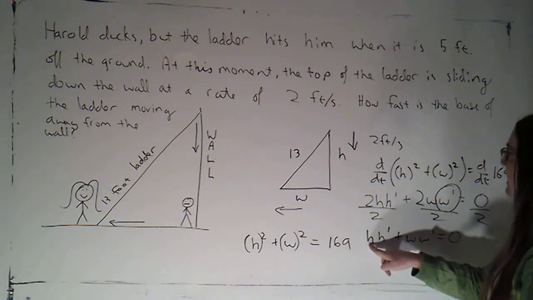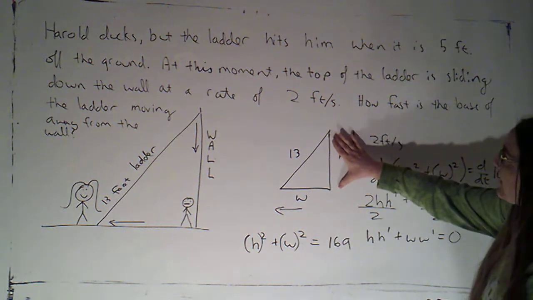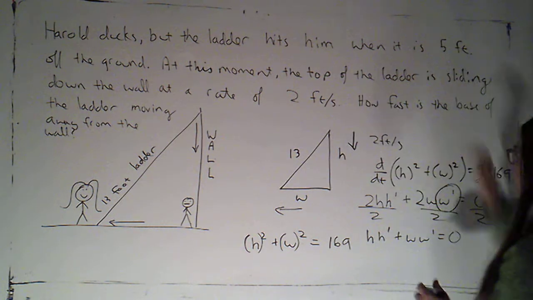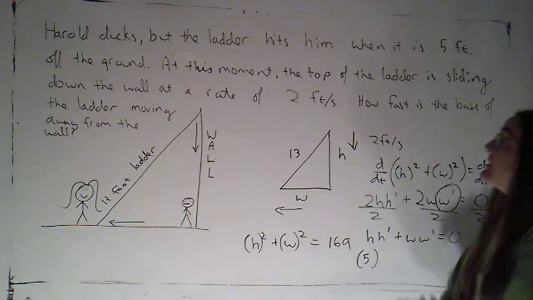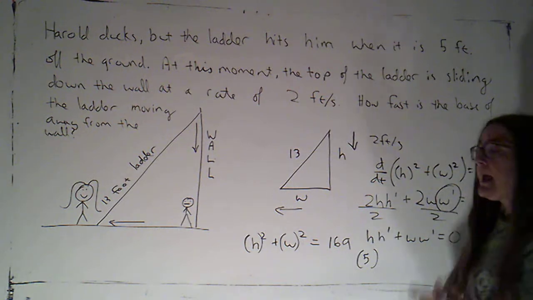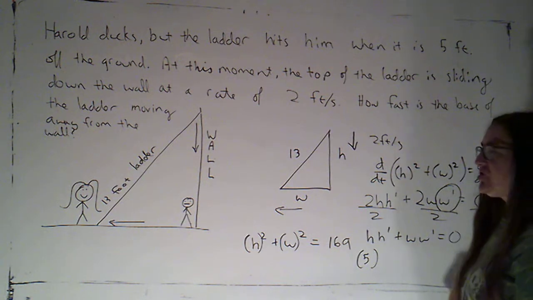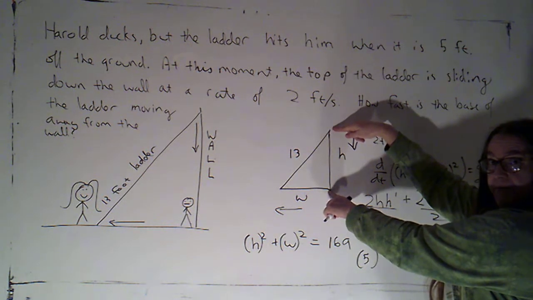Okay, so h, that's the height from the ground, and we're told it hits Harold when that is 5. At that moment, the ladder is sliding down the wall at a rate of 2 feet per second. Let's make sure we double check: is h increasing or decreasing?